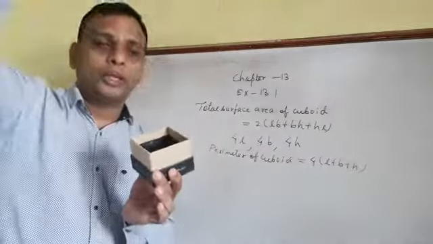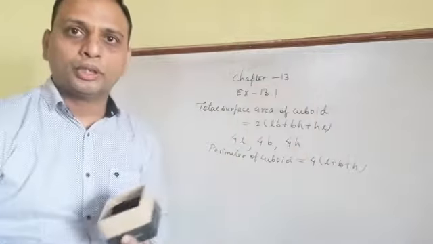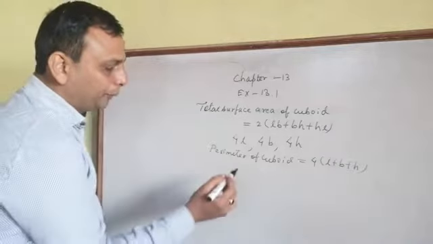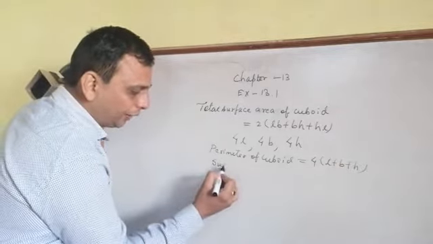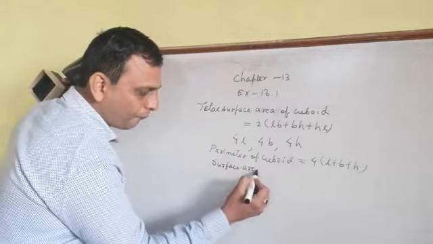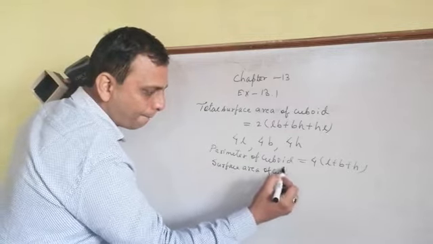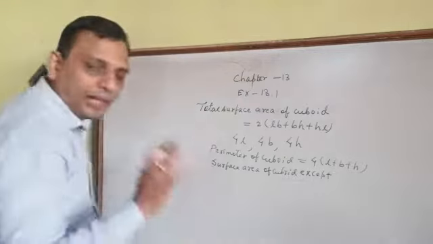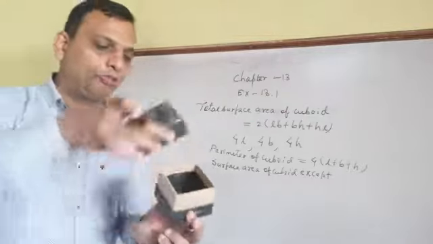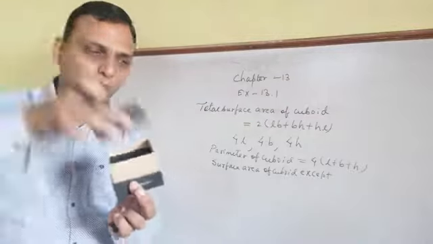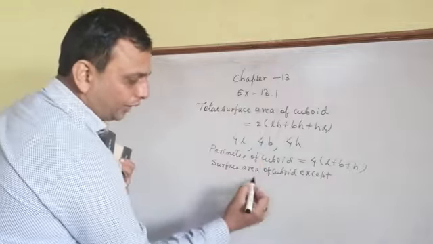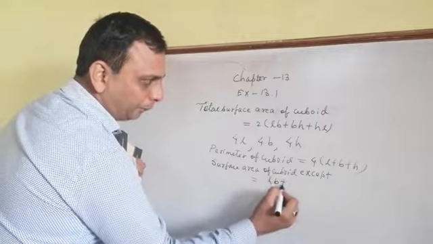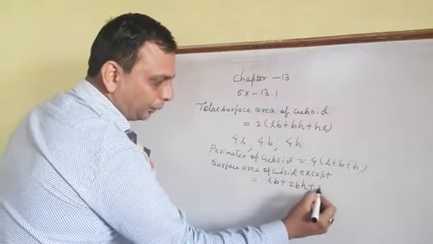Suppose this is the room, and this is the ceiling part. If I remove it, this will become the total surface area occupied. So to find that occupied surface area, what will we do? When the ceiling or the floor part is removed, the formula will become 2 multiplied inside the bracket: 2(LB plus 2BH plus 2HL)... that is, LB plus 2BH plus 2HL.